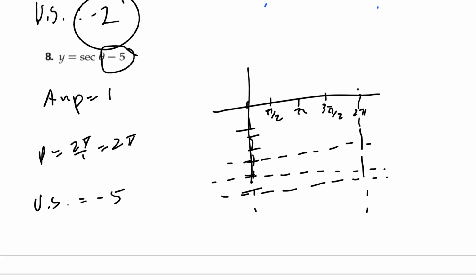Now, the thing with this one is it's secant. Remember the way you graph secant, you graph its reciprocal, you graph cosine. So if I'm graphing cosine, cosine starts at the amp, ends at the amp, halfway is my lowest, in between 3 across. So my cosine graph looks kind of like this. It's a lot of dotted lines down there, I'm sorry guys. So that's what a cosine graph looks like. And remember, all we have to do to make it secant is add 2 things.